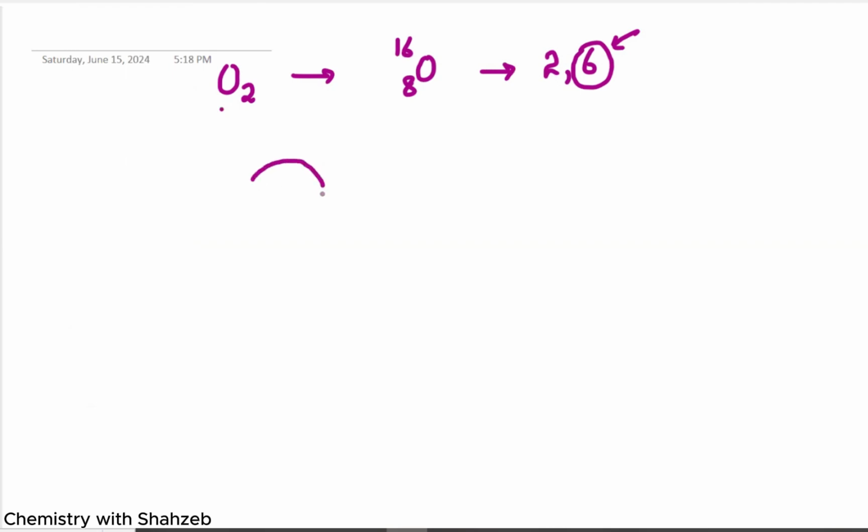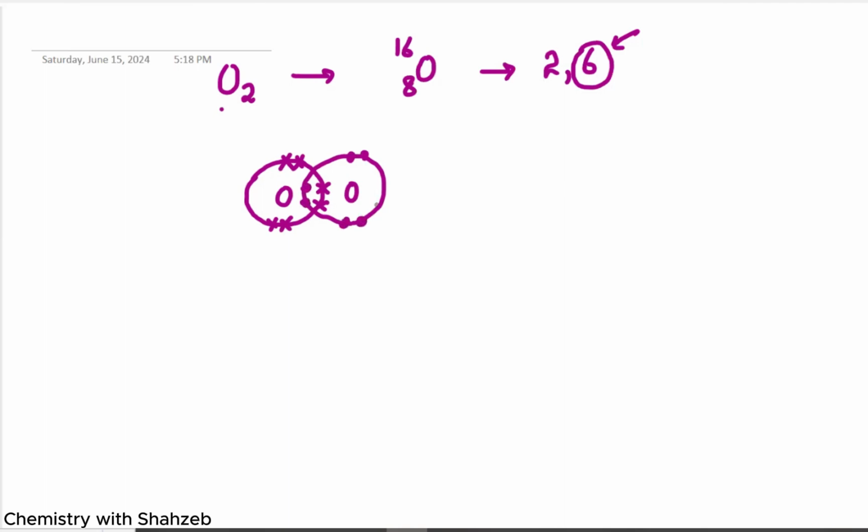So as we know, oxygen has 6 electrons in its outermost shell, and it needs to complete two more electrons. So it is going to make a bond with another oxygen like this. And here it is going to share two electrons.